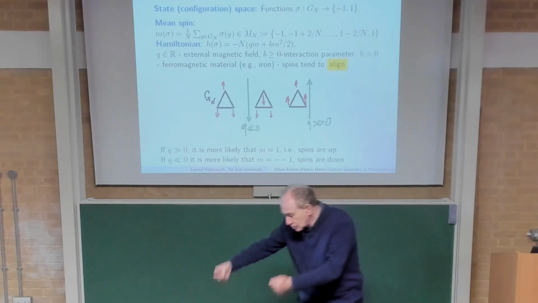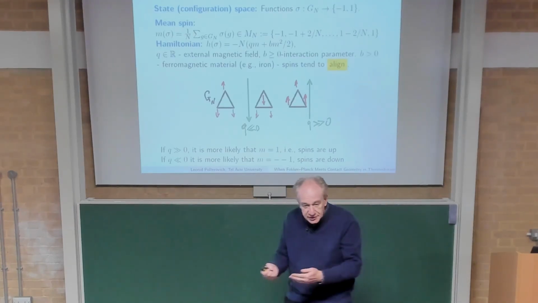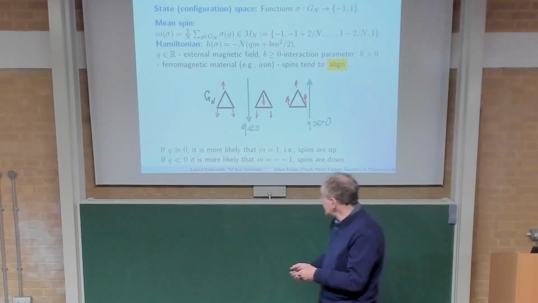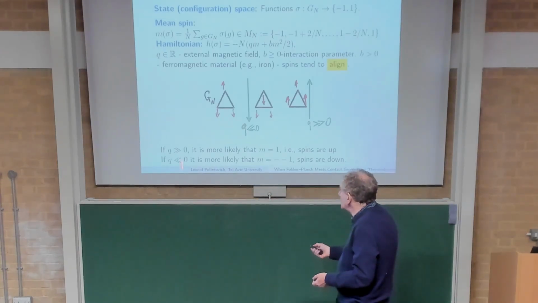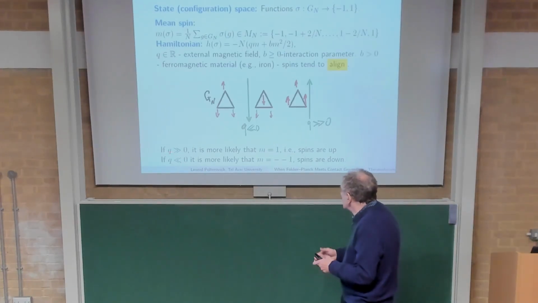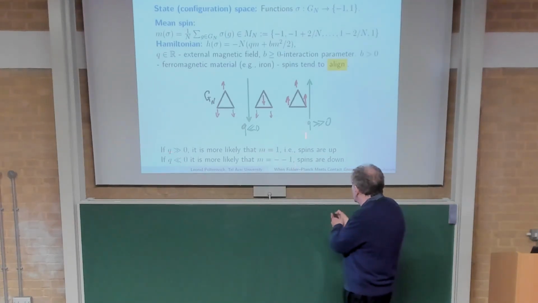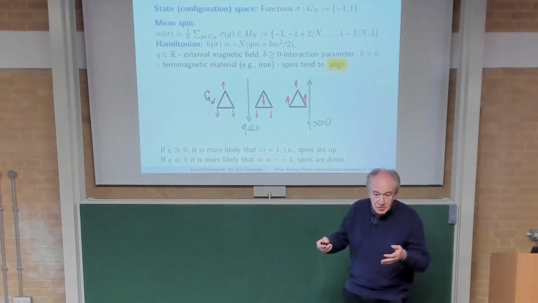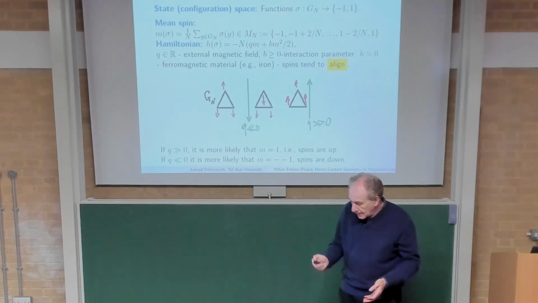And you put it near the source of a magnetic field, also in this direction, up, down. And so then reactions look like this. So if Q is very large, then it's quite likely that all the spins will be up. And if Q is very small, it's very likely that all spins will look down. Okay?